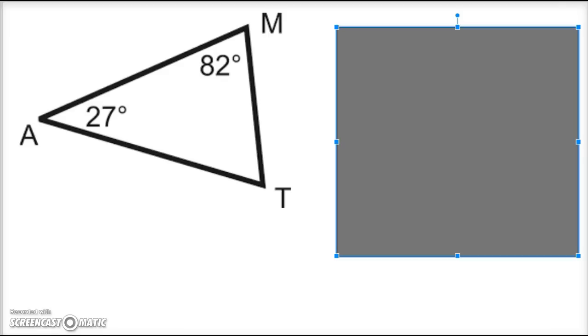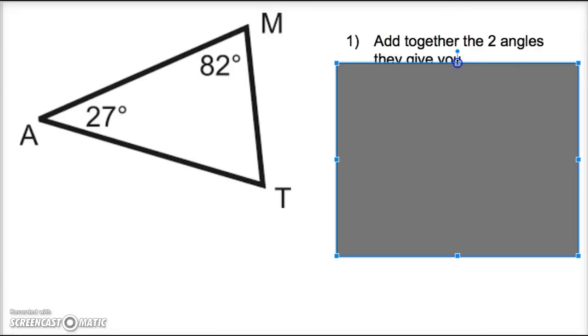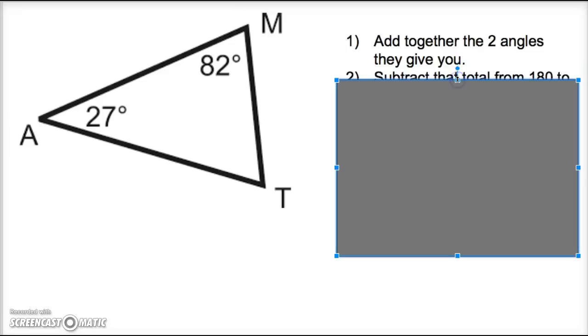Okay, so we have this triangle, and they give us two of the degrees inside. We have angle A, that's 27 degrees, and then we have angle M, that's 82 degrees. And what we're trying to figure out is how many degrees angle T would have to be in order for this to be a triangle. So, the very first thing you're going to do is add together the two angles that they give you.